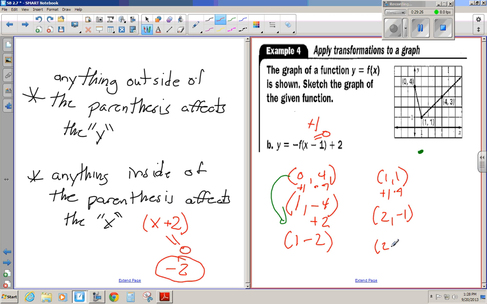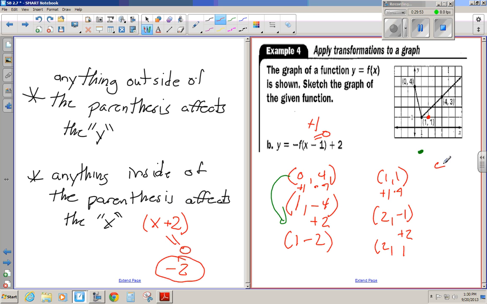Now there's nothing else inside the parentheses, so now you simply add 2, and so your second point is 2, 1. So you took this point, you reflected it over the x-axis, and then you moved it.